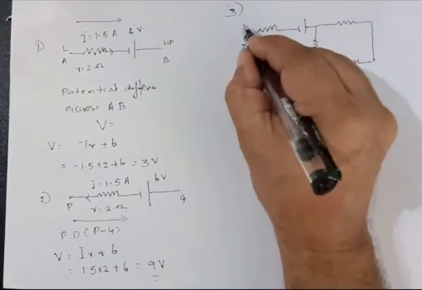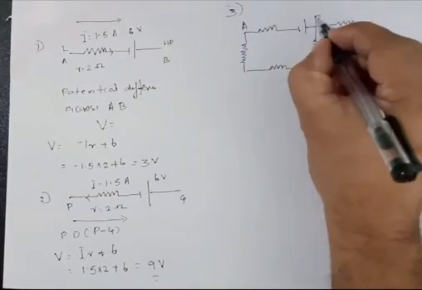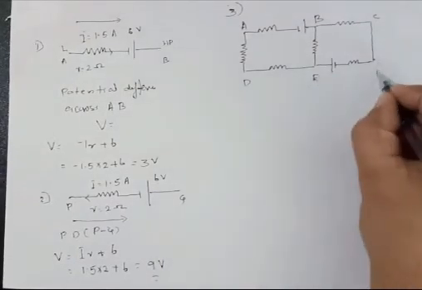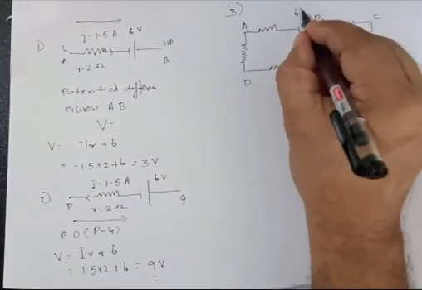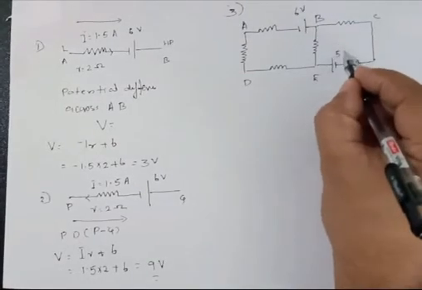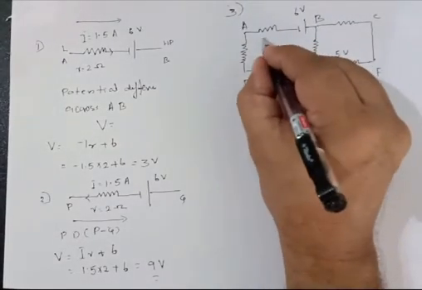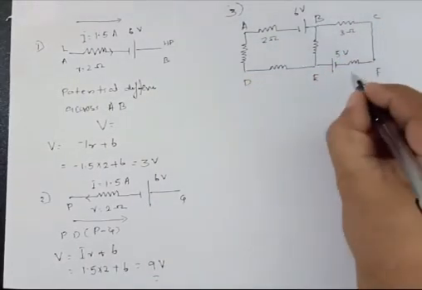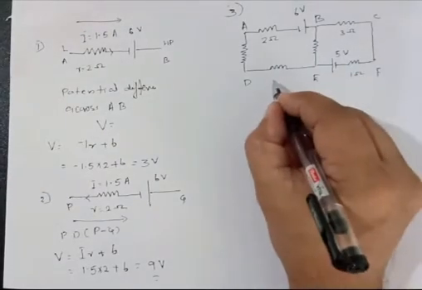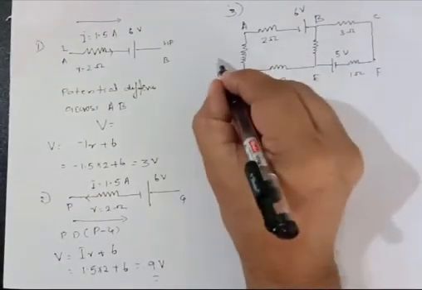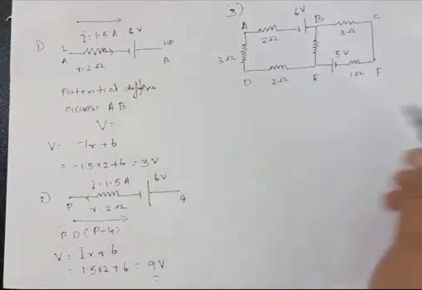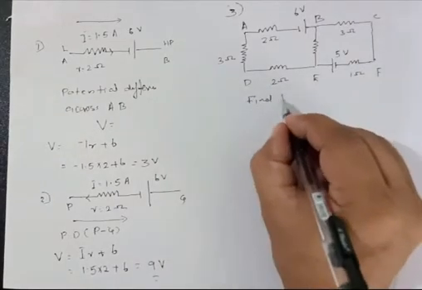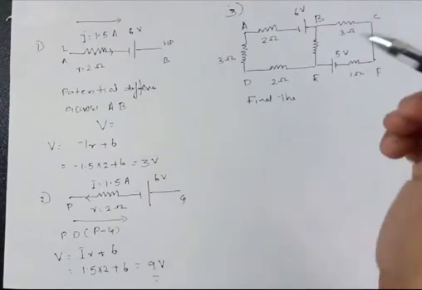Let's call these points A, B, C, D, E, and F. Assume that this is 6 volt, this is 5 volt, and this resistance 2 ohm, this resistance 3 ohm, this is 1 ohm, this is 2 ohm, and this is 3 ohm. Now, of course, before the question we need to specify the current.